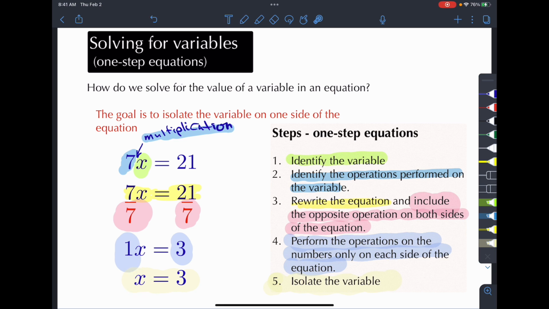So that is the 5 steps for solving equations. And once you do more and more of these, you get better, and it will become faster and faster. These steps will become familiar, and you won't need to have them listed for you.